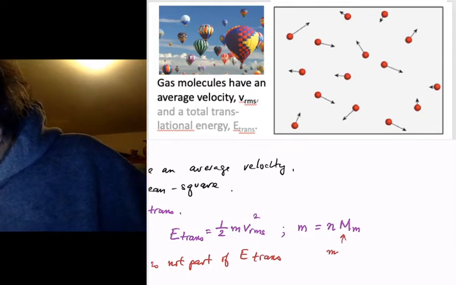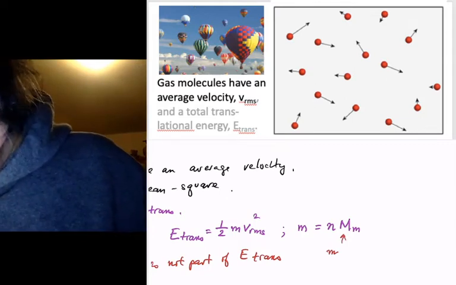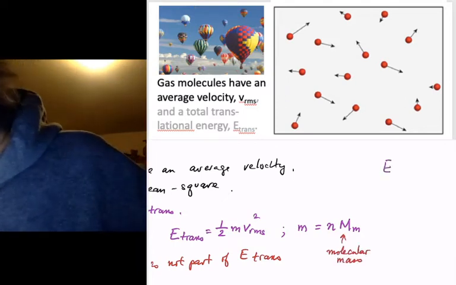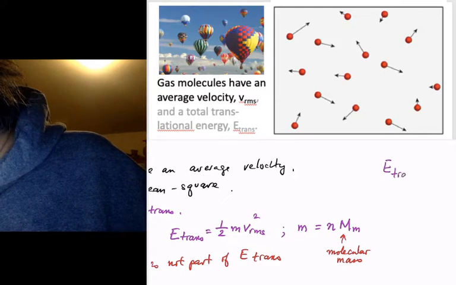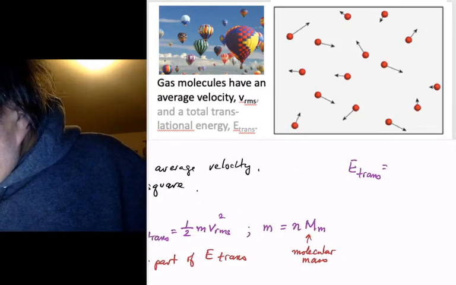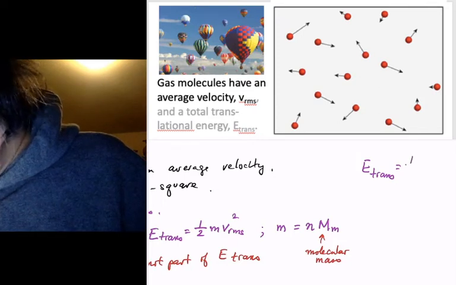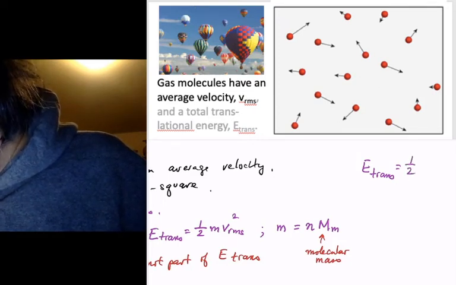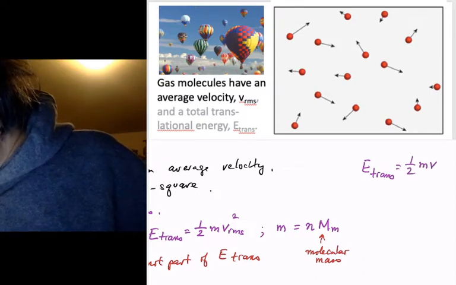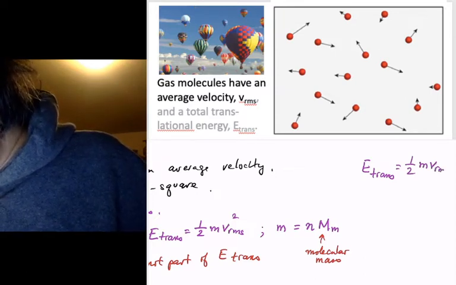And therefore we get the important formula: E-trans equals 1/2 m V-RMS squared, and that's equal to 1/2 n mm V-RMS squared.